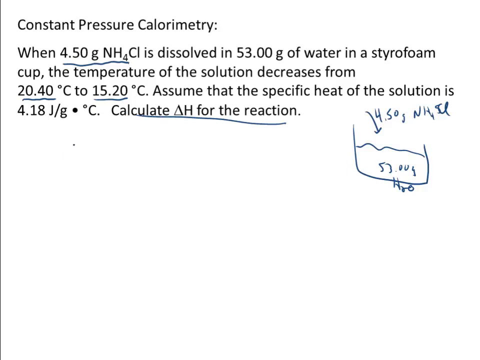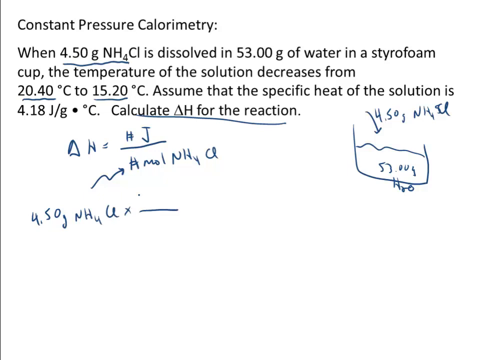The way you do it is delta H is going to equal the number of joules exchanged divided by the number of moles of NH4Cl. So the moles of NH4Cl we can determine by taking our 4.50 grams NH4Cl and multiplying that by 1 mole over the molar mass: 35.45 plus 4.04 plus 14, which is 53.49 grams for 1 mole.